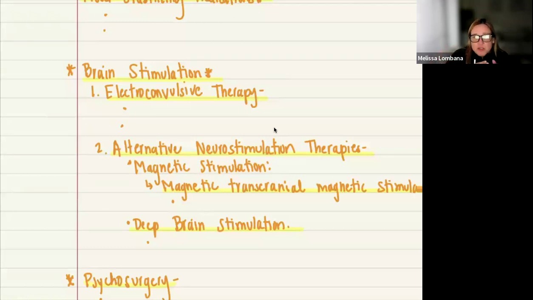They'll have about 3 sessions each week for 2 to 4 weeks. They have shown that there's about 80% some improvement. Some side effects, there could be some memory loss.